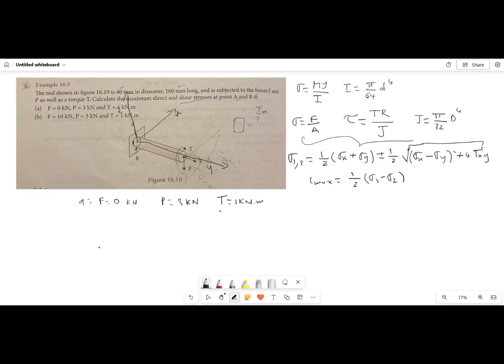So now guys, in case A, if F is 0, do you agree that when it comes to calculating maximum direct and shear stress at point A and B, we don't have a direct stress? Because we know that direct stress is equal to F over A. But if F is 0, it simply means this will not exist. I guess we are together on this one.